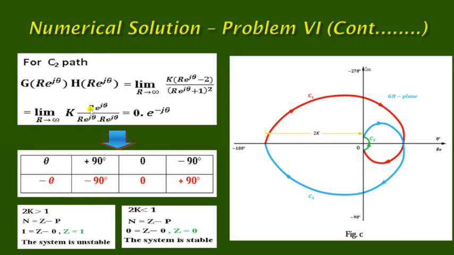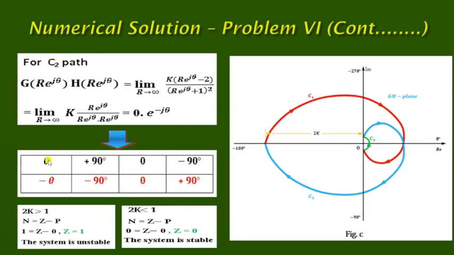Then write K into R e to the power j theta divided by R into j theta into R into j theta, because of the square part. If R tends to infinity, the magnitude is 0, and we get e to the power minus j theta.